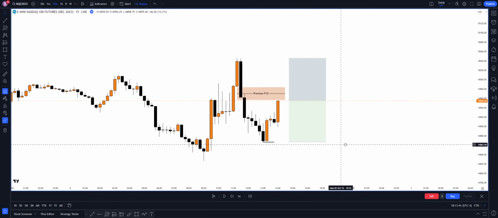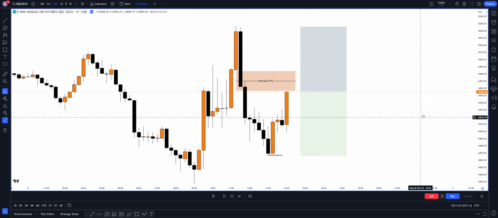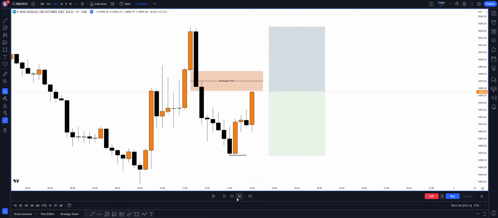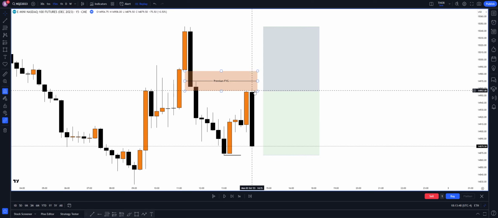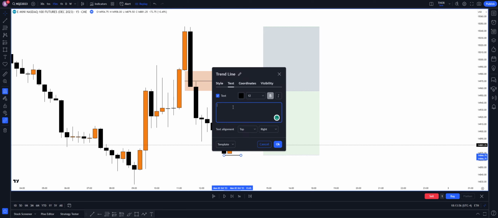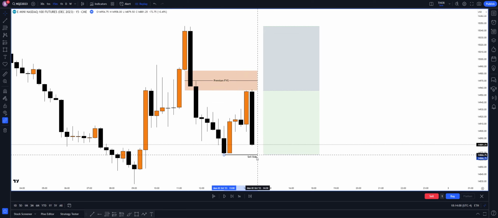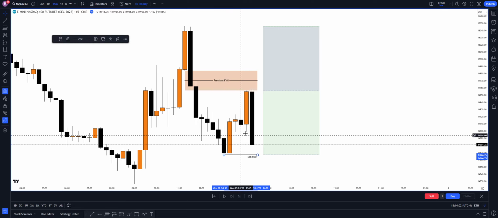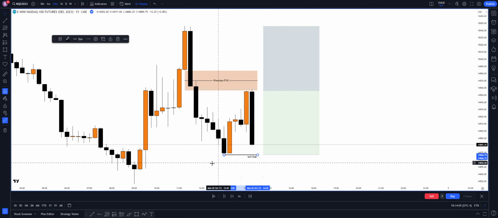Now we're retracing into the premium zone. Go one more candle. Now it touches the premium fair value gap, rejects, and sells off very quickly into the sell side, and this sell side will be our target because there are no other swing lows in this area, so you can target this sell side over there.